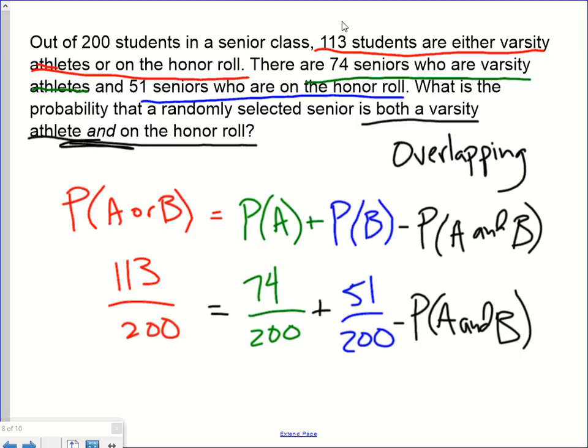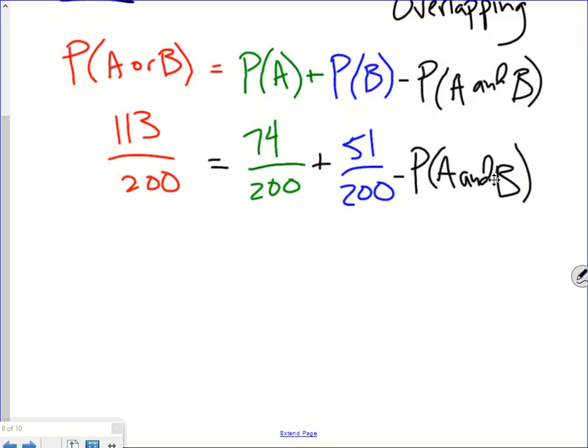So now let's go ahead and rearrange some of these terms. Let me get some more space over here. Okay. So I'm going to add the P of A and B over to this side. I'm going to do plus P of A and B. And then I'm going to subtract the 113 over 200 over to the other side.